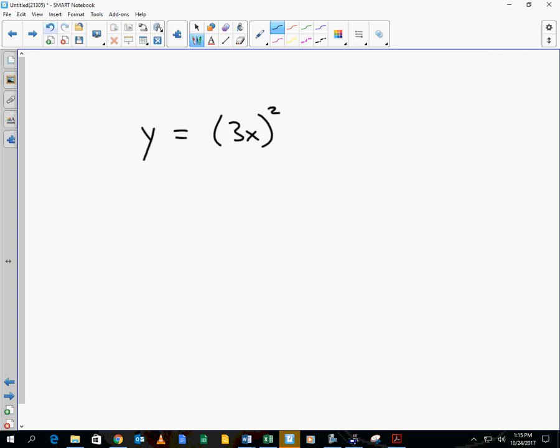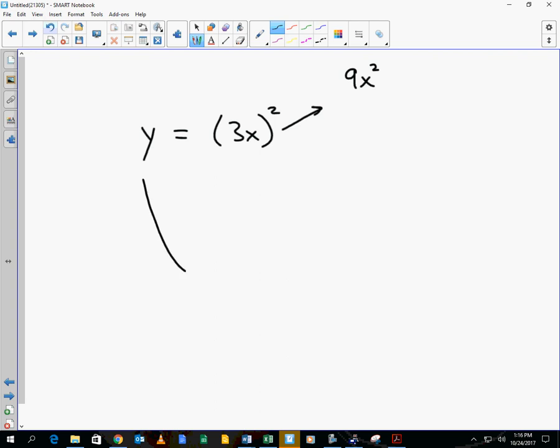Now, here's why this should make sense. Isn't this the same thing as 9x squared? Is the 9 on the outside or the inside? It's on the outside. So vertically, will that be a stretch or a compression? Stretch.